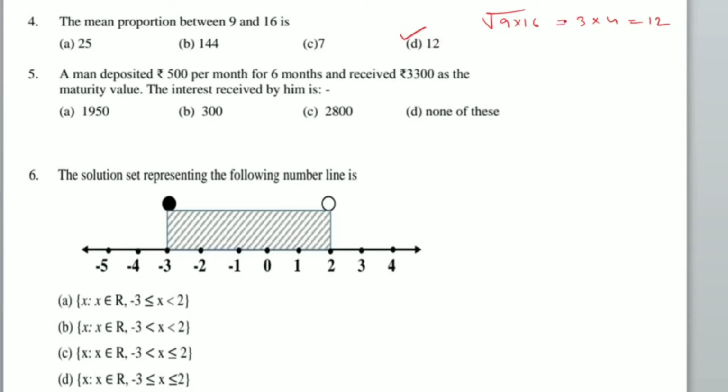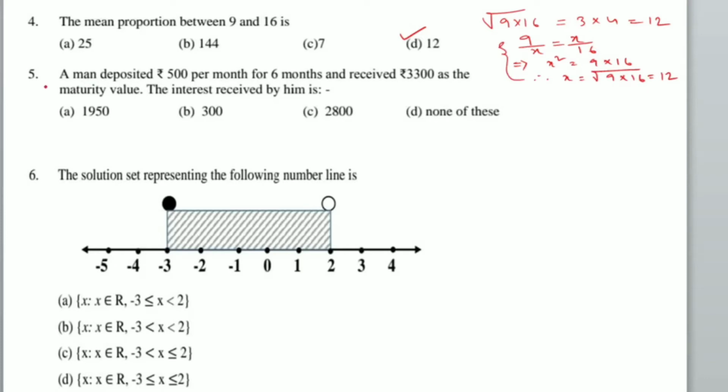If the number of marks is 2, then you will do it this way: 9 by x is equal to x by 16. Here x is the mean proportion. So x square is equal to 9 into 16. Therefore x equals root over 9 into 16, that is 12.